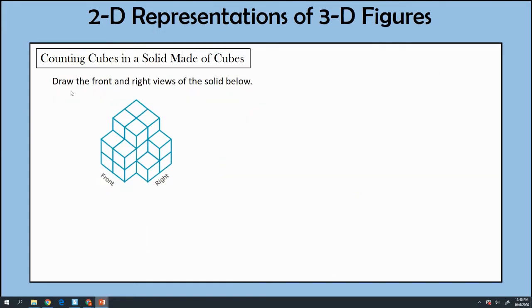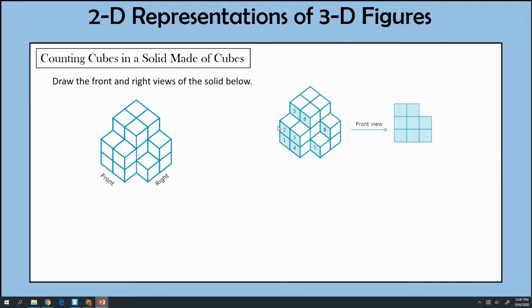All right. Another way of doing the same kind of problem is, let's say, given this drawing here, given this shape, draw the front and the right views of the solid. So they're saying this is the front and this is the right. As you look at it from the front, you have to think about standing here and looking at it. What surfaces would you see?